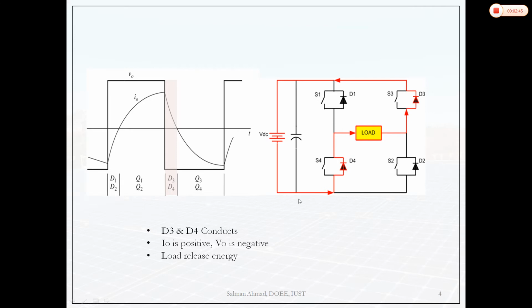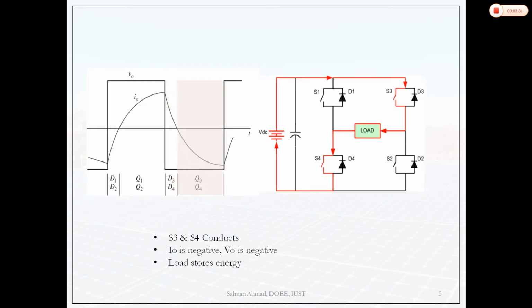The positive current flows through diodes D3 and D4, so the current is still positive, but D3 and D4 take that current, and the voltage across the load is negative. This is a short interval of time. Here IO is positive, VO is negative, and the load releases energy; whatever energy was stored will be released.